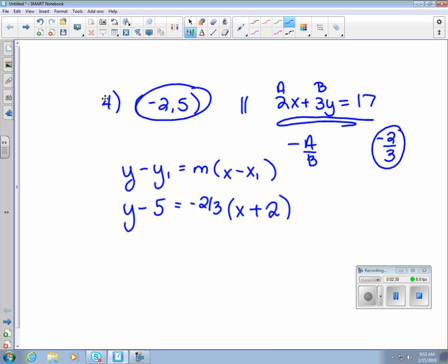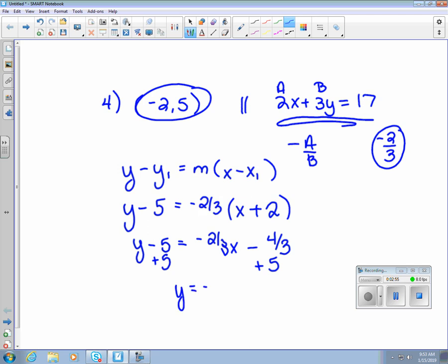Everybody okay with where I plugged and chugged in? Then I'm going to distribute. So y minus 5 equals -2/3 x, and then -2/3 times 2 will make -4/3. And then I'm going to add 5.